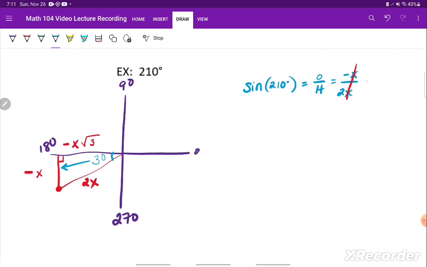That's going to simplify to be negative 1/2. Cosine of 210 degrees, that's our adjacent side divided by the hypotenuse. So that's negative x square root of 3 divided by 2x. The x's cancel out. I'm left with negative square root of 3 over 2.